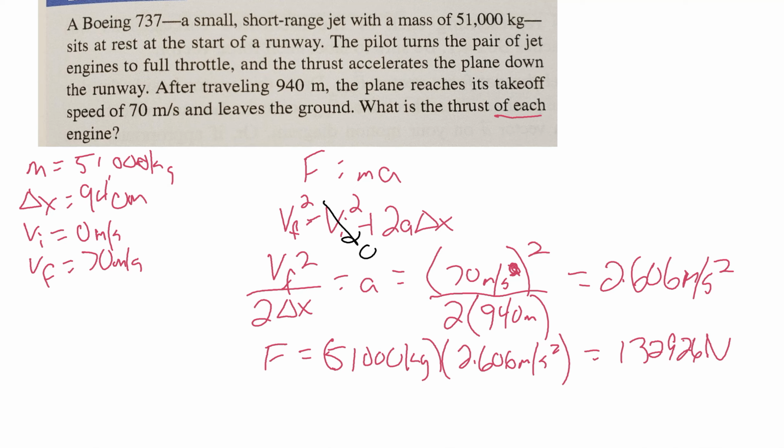26 newtons. Now, this is the thrust total. Oh, we got to divide by 2. It's the thrust of each engine that we're looking for. So now we're going to divide by 2 to get the thrust of one engine, and this is where 66,000 is the answer, okay? So divide this answer by 2, what do we get?